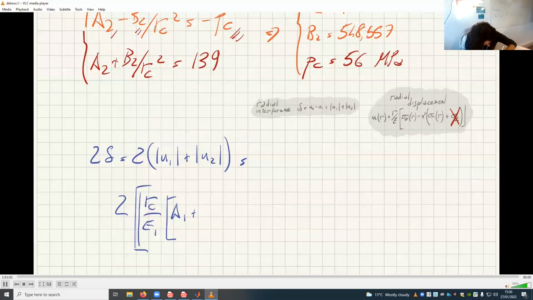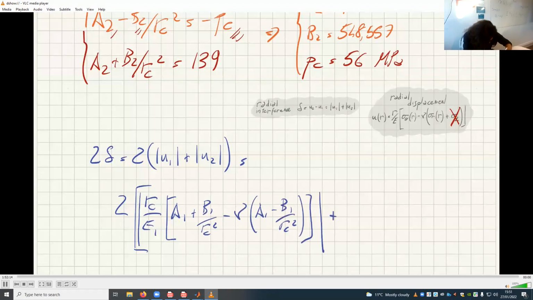A1 plus B1 over RC squared, minus Ni times A1 minus B1 over RC squared, close the bracket, plus this again.